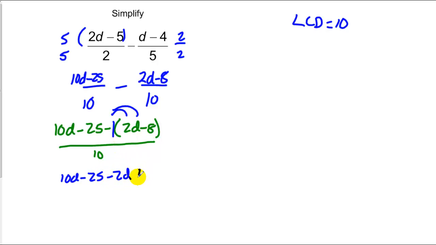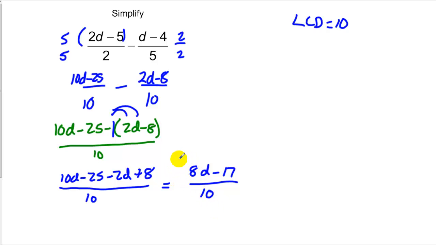Negative and negative is a positive. Add like terms, so I get 8d, and that's minus 17 over 10. You'll notice I can only reduce common factors because this is an addition. This is not a factor. So I can't reduce this 8 and this 10. This is my final solution.